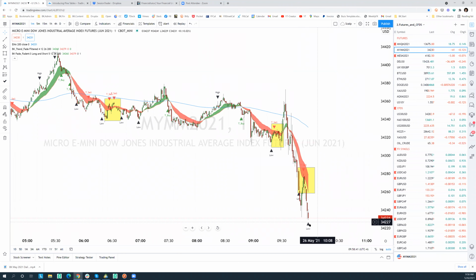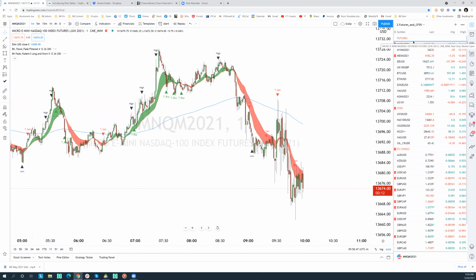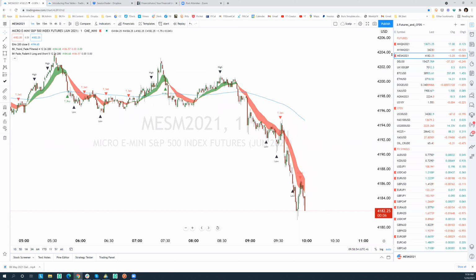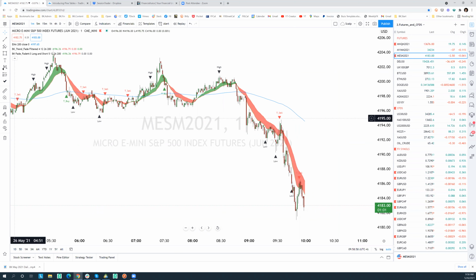So now we're actually setting up a fresh low. It just keeps falling now really, really hard. Let's see what the Nasdaq is doing. Nasdaq doesn't have any trades down for a fresh low. And you see the same story in the S&P, right?